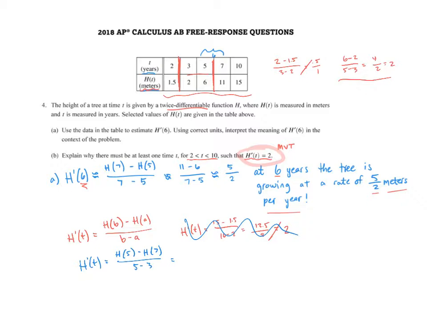And that's, what did we say that was? 6 minus 2 over 5 minus 3, which was 4 over 2 equals 2. So h prime does equal 2. We're guaranteed that h prime will equal 2 on that interval.